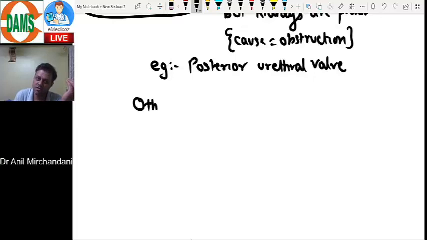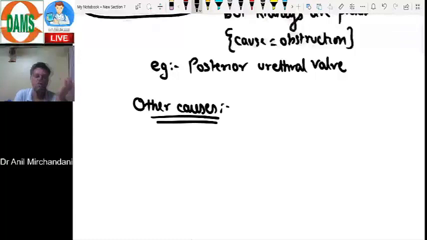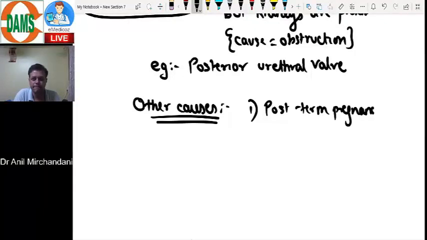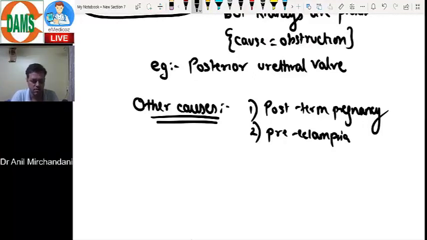What are the other causes? Other causes of oligohydramnios would be post-term pregnancy. Number 2, preeclampsia.